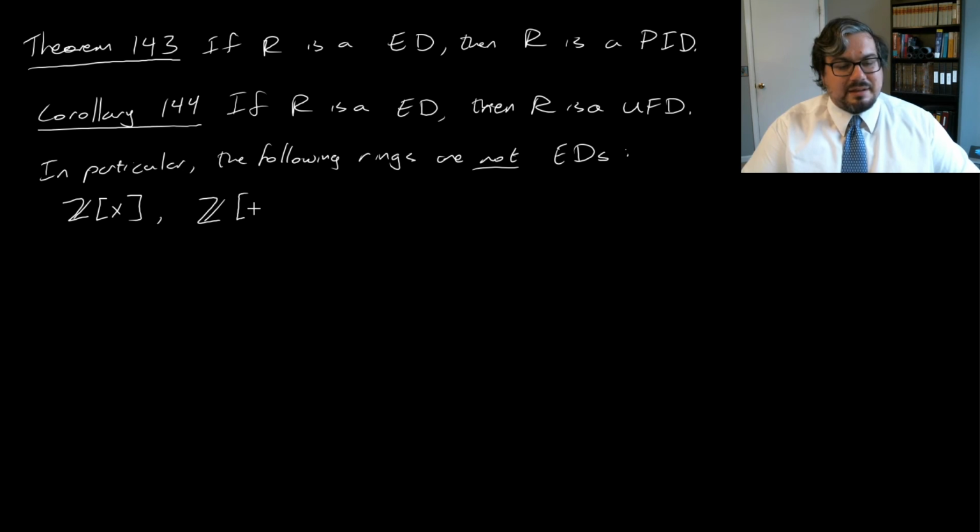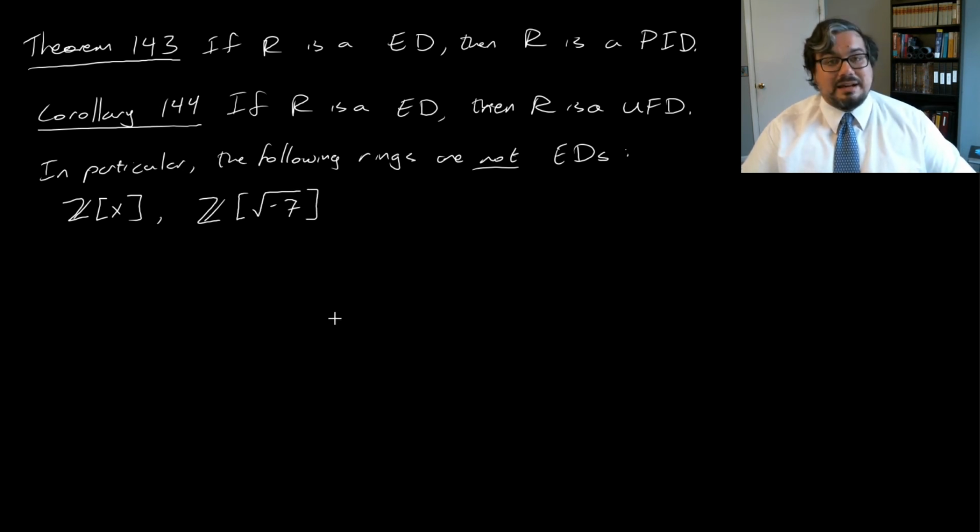We have that the ring Z adjoin -7, which we've looked at throughout this section, is not a Euclidean domain because it's not even a unique factorization domain. And in fact, we can use very similar sorts of arguments to show that the ring that we just looked at, Z adjoin -3, is also not a principal ideal domain.